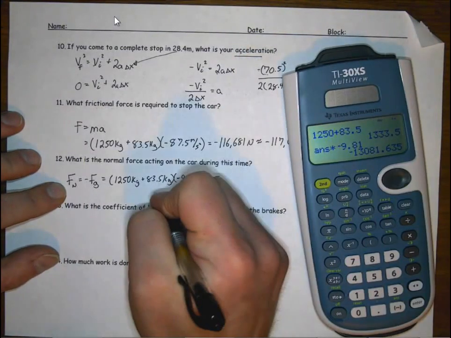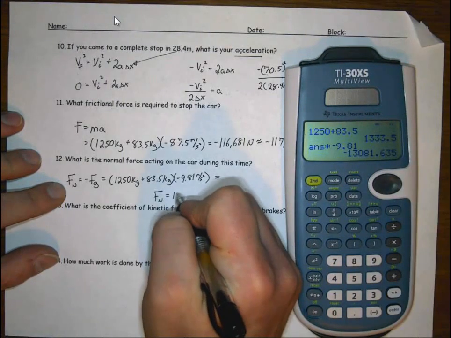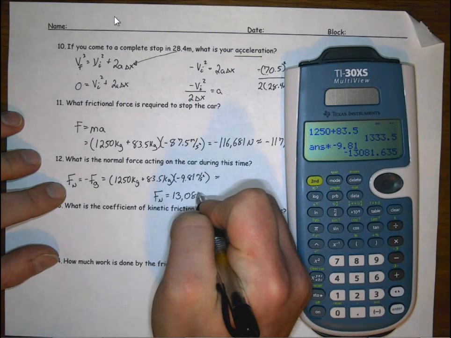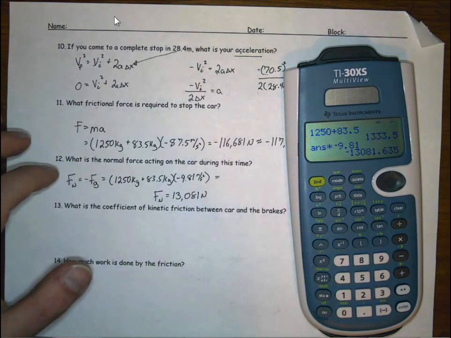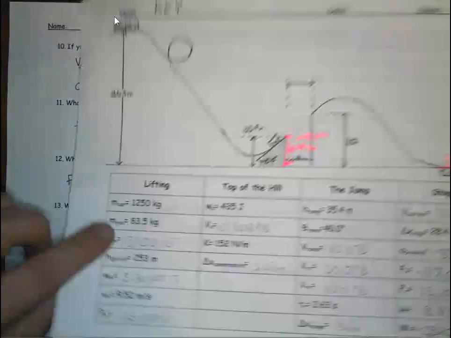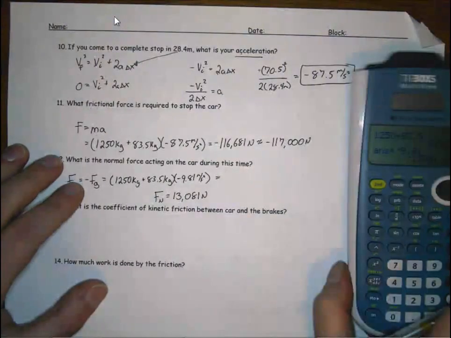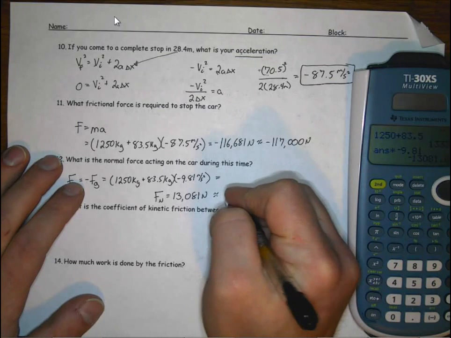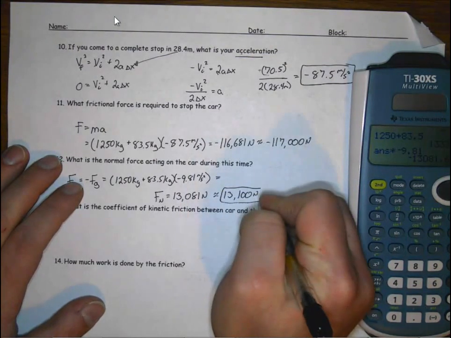So my normal force equals a positive 13,081 newtons, which just so happens to be the force required to lift the car, which is roughly 13,100 newtons. Okay, so that's my normal force.